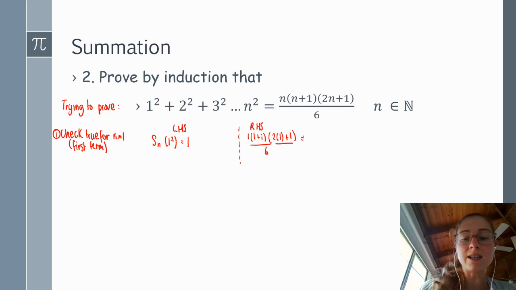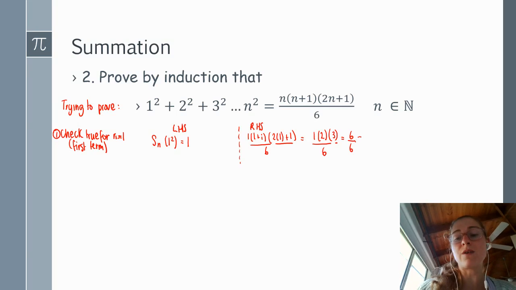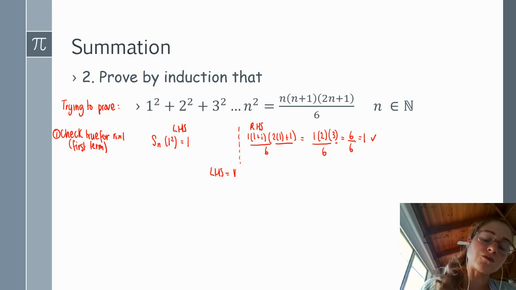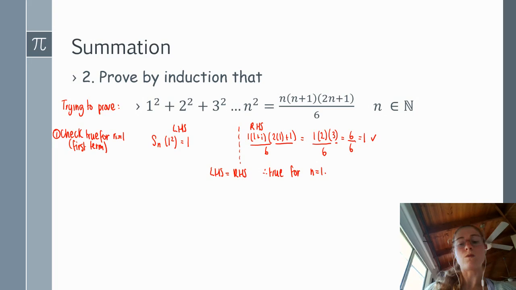Well, that is equal to 1 times 2 times 3 divided by 6. 1 times 2 times 3 is 6 divided by 6. That indeed equals 1. Left-hand side equals right-hand side. So therefore true for our first term, n equals 1. Second step, we're going to assume true for n equals k. Best step of all.